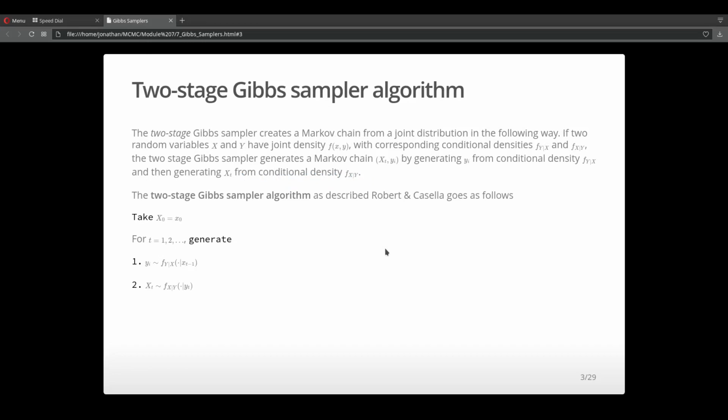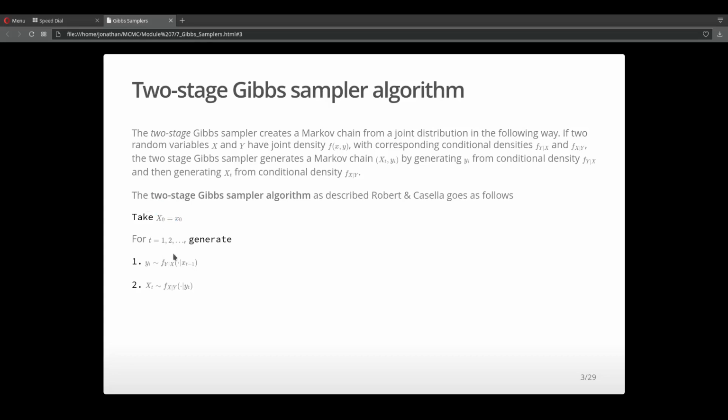The two-stage Gibbs sampler works by creating a Markov chain from a joint distribution where we're able to calculate the conditional distributions, and then sample from one, use that sample to sample from the other, et cetera. In this algorithm, we start out with some initial starting value, just as in the Metropolis Hastings algorithm.